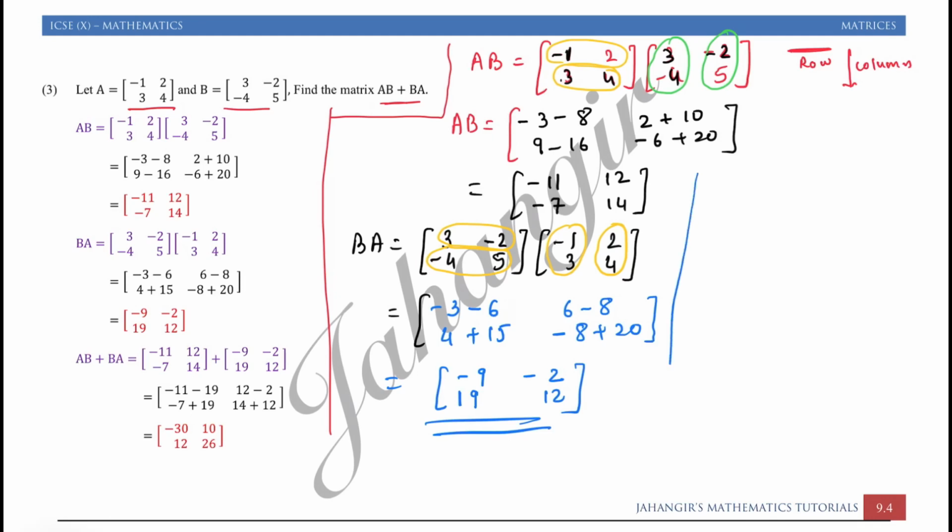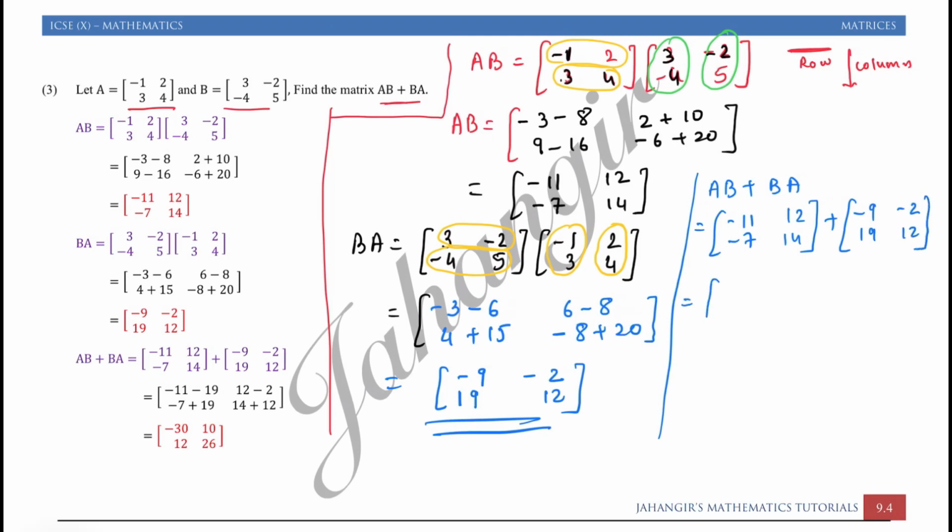So now we have to find AB plus BA. So here we will use the method from the first exercise. AB plus BA means both matrices have the same order. So let's add up: minus 11, minus 7, 12, 14 plus BA, which is minus 9, 19, minus 2 and 12.